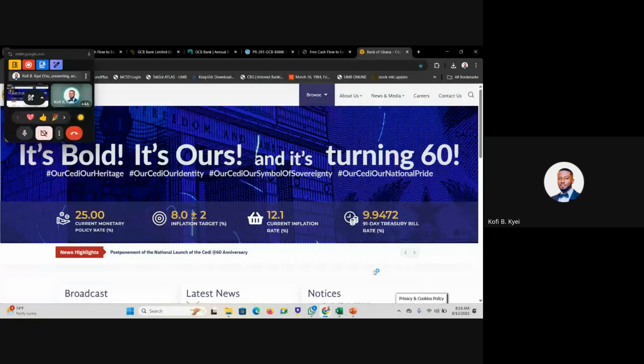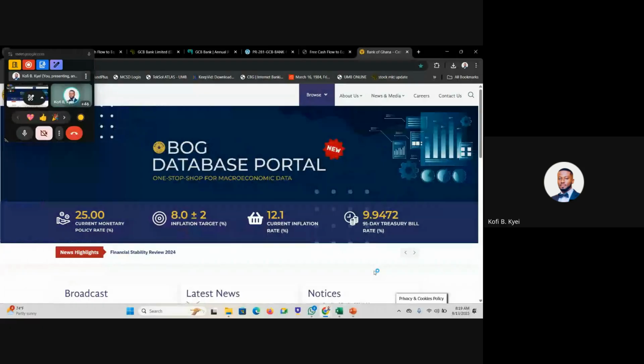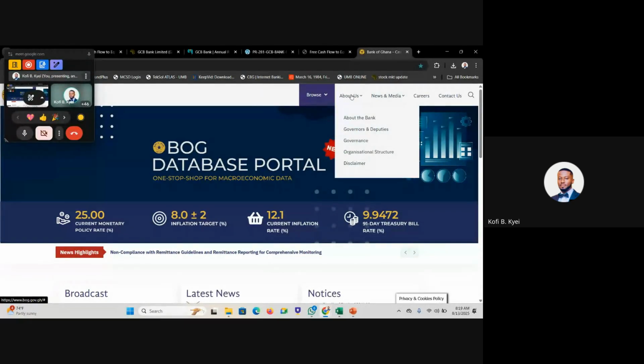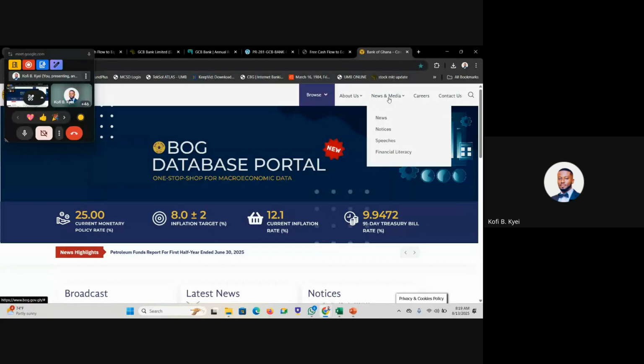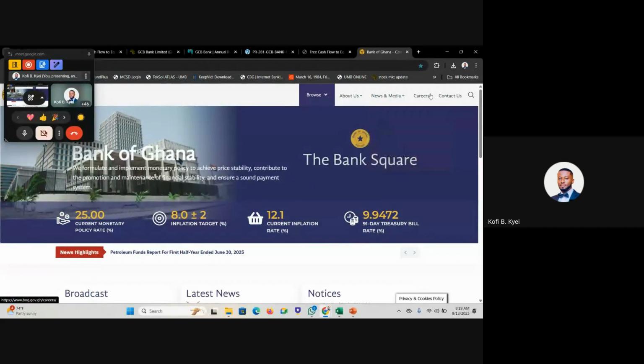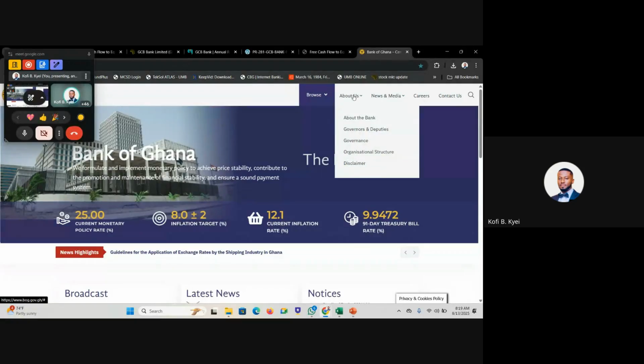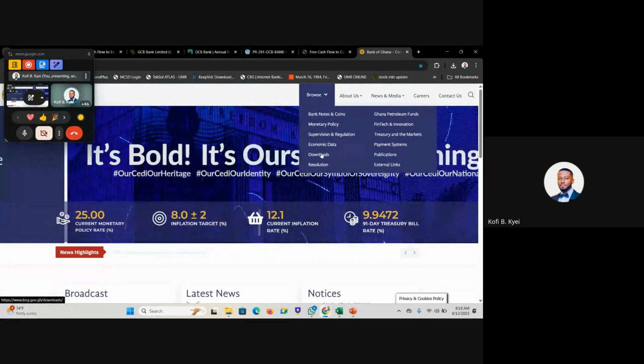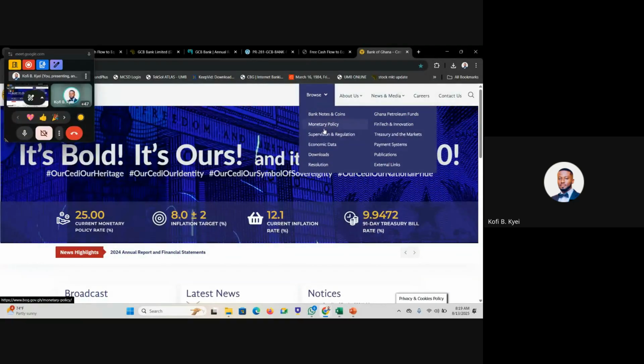But because we don't have the data available at the time, you can compare it with the listed bank averages, which is also workable. So let's see where we can get. I don't even know where to get this information. So, okay, Bank of Ghana monetary policy, economic data.